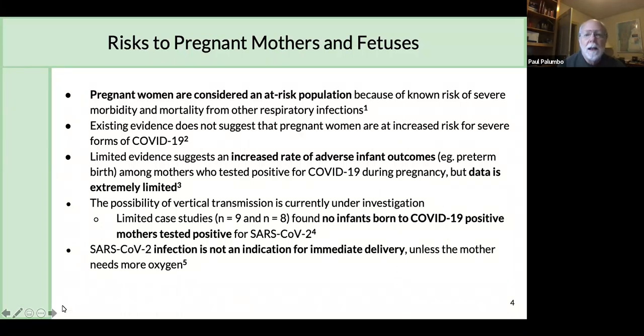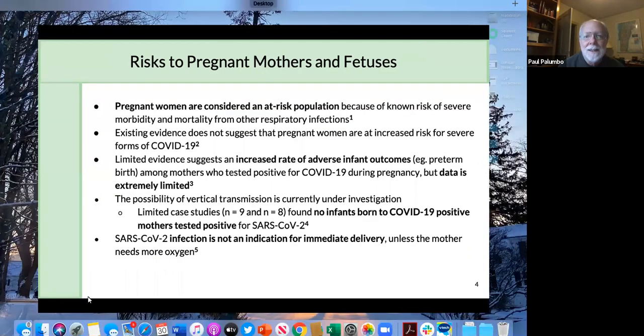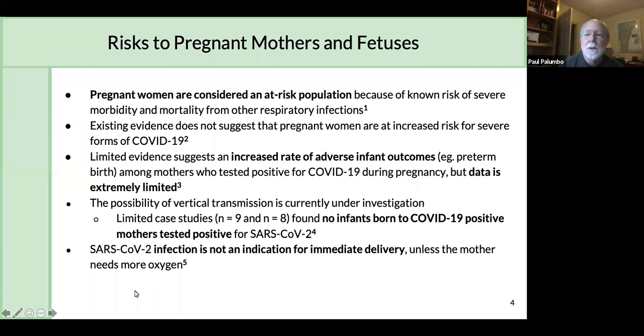There is limited evidence of an increased rate of adverse infant outcomes, but this evidence is weak, I would judge. We do think we're seeing a little bit more in the way of preterm births among mothers who test positive for this coronavirus during pregnancy.